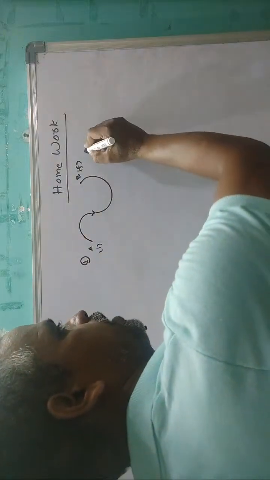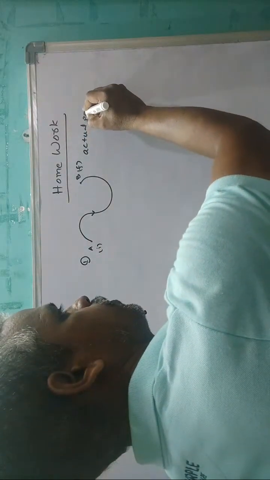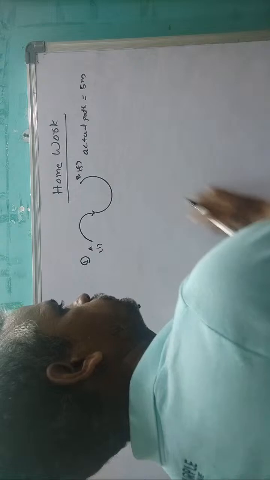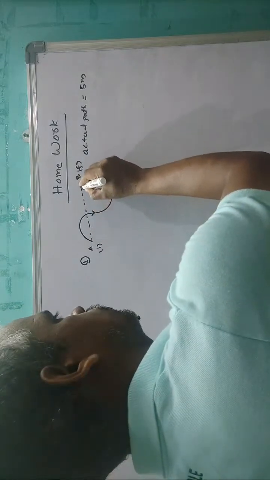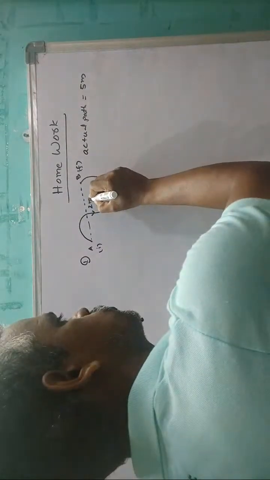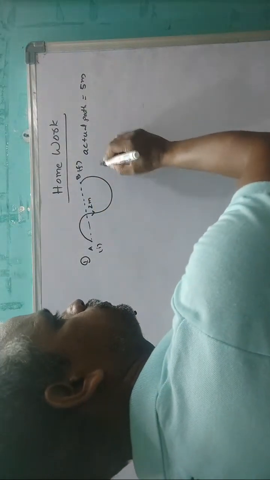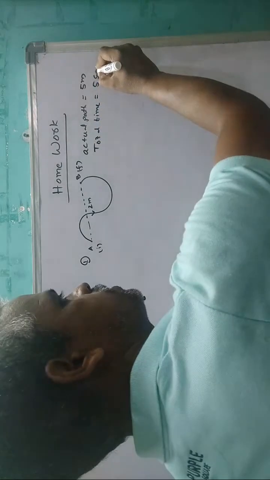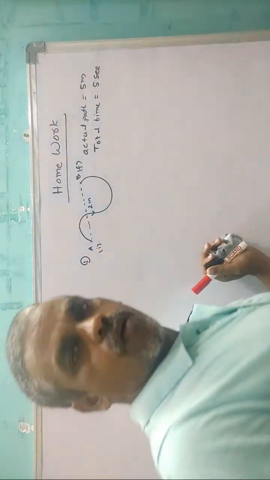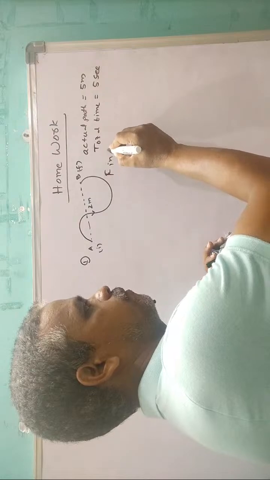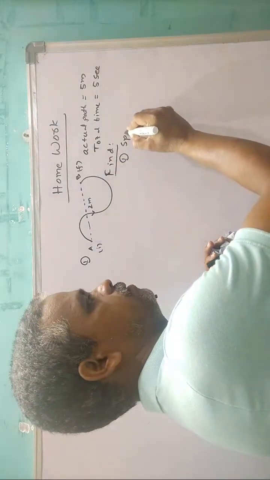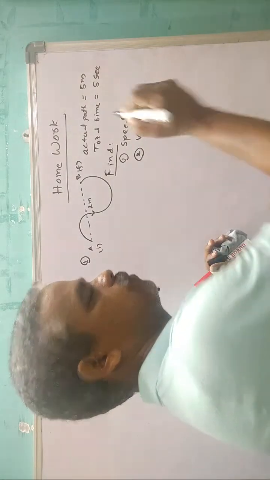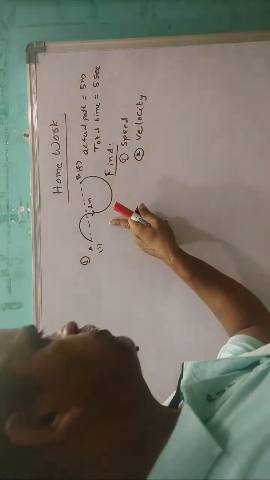So the actual path length is equal to 5 meter. This is the shortest path, which is equal to 2 meter. Total time is equal to 5 seconds. Find speed and velocity.